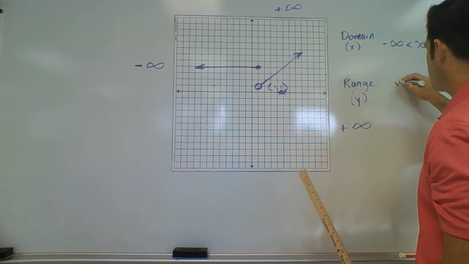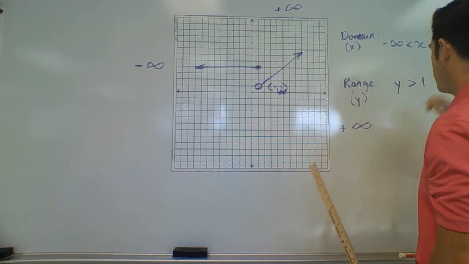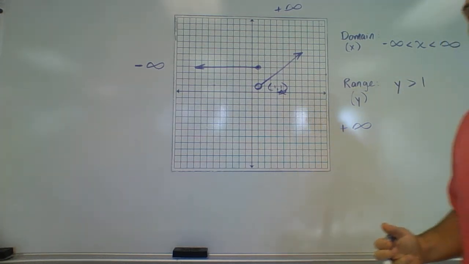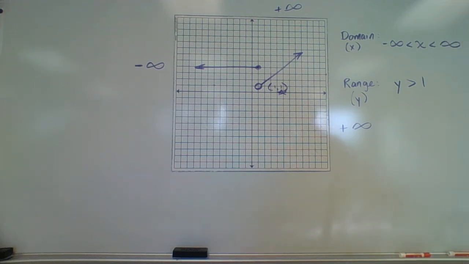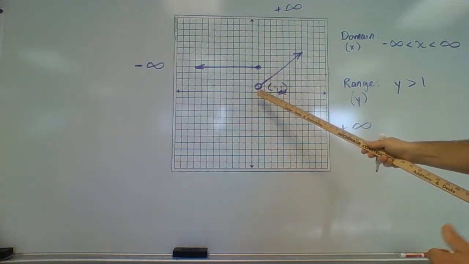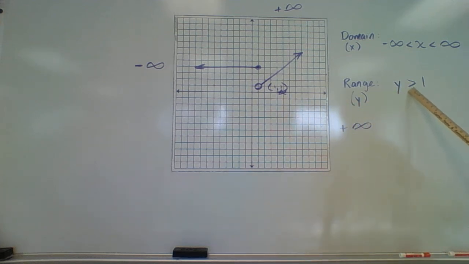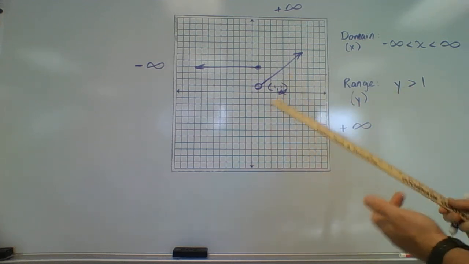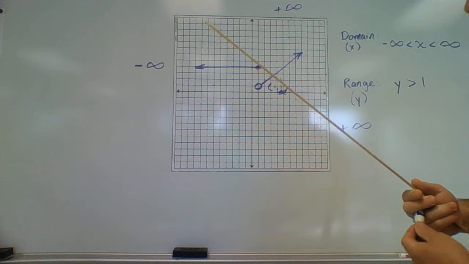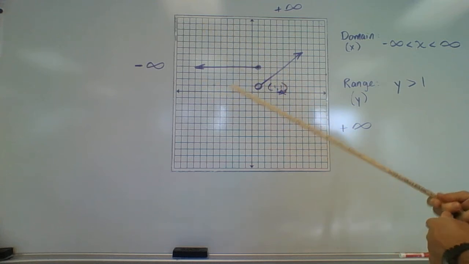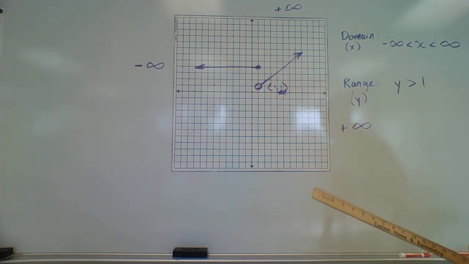So we write it out as y is greater than 1, because the dot's open. It's not included. If it was colored in, we'd have a little dash underneath this arrow. But since it's open, we just leave it as y is greater than 1.